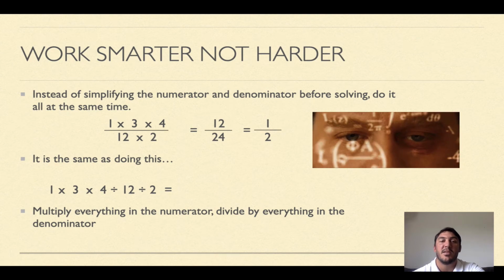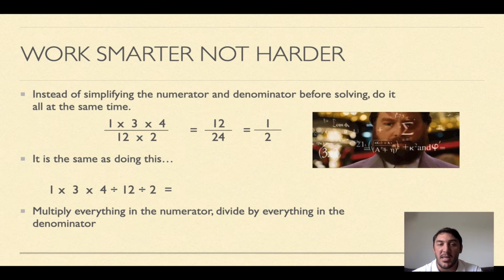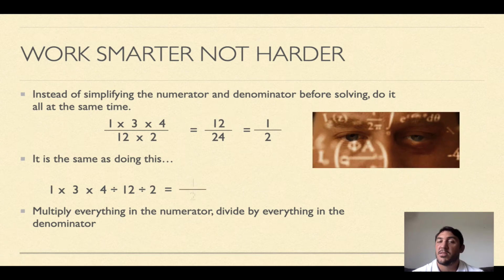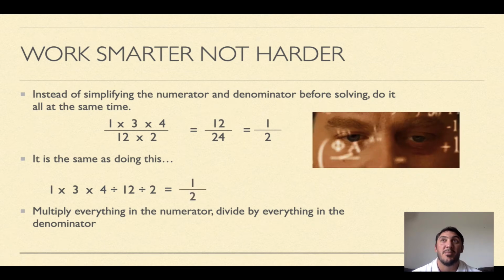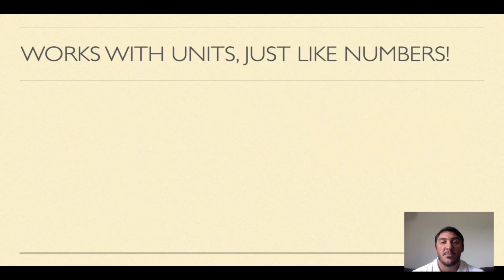Even though it says 12 times 2, since it's in the denominator, it means you're dividing by each of those individually. And you still get the same answer, 1/2, except you don't have to stop and write anything down. You let the calculator do all the work for you.